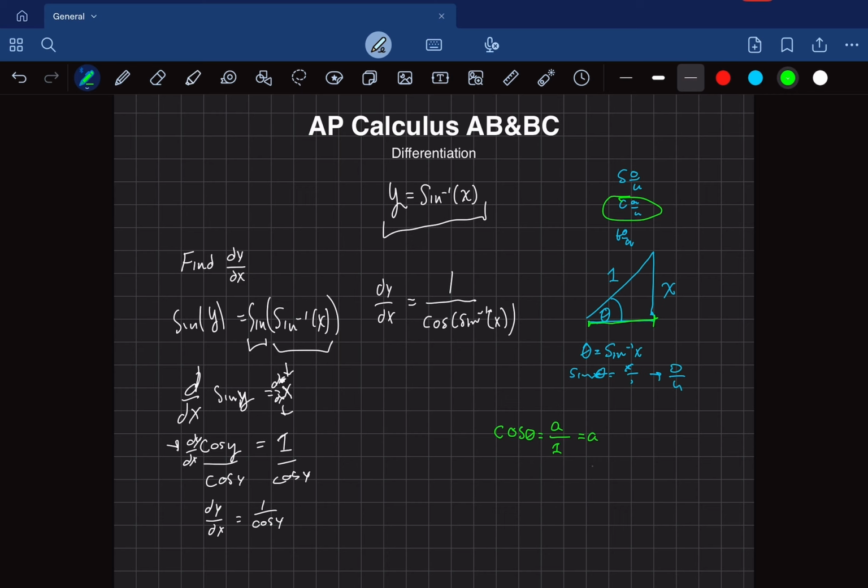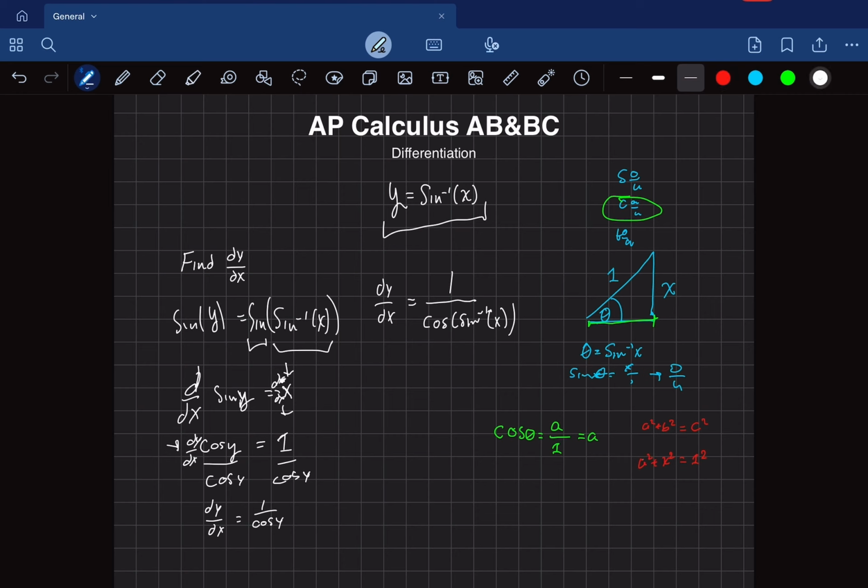So we have the Pythagorean theorem now, which states a squared plus b squared is equal to c squared. So when we plug in our values, where c is the hypotenuse, this becomes 1 squared is equal to x squared, since x is just b, plus a squared, where a is what we're looking for.